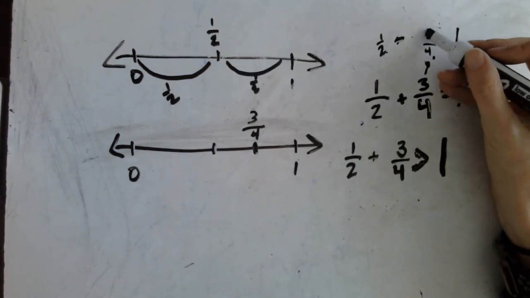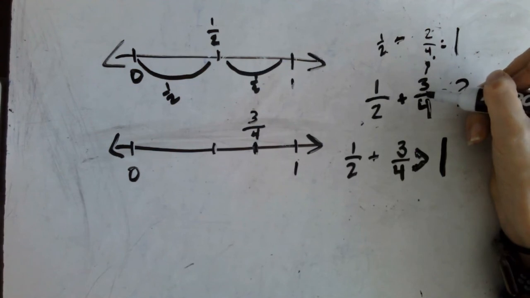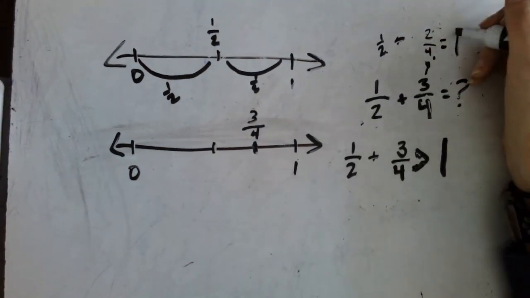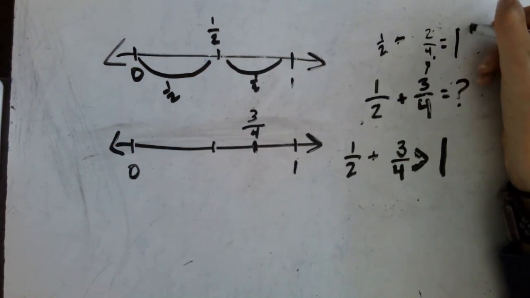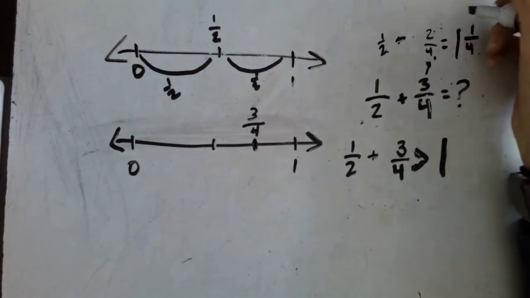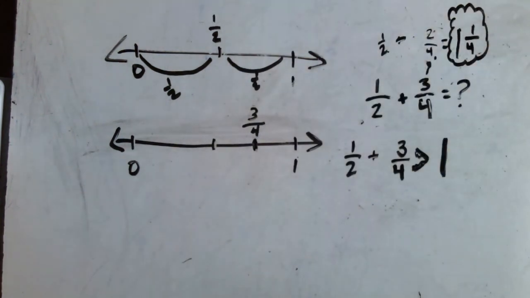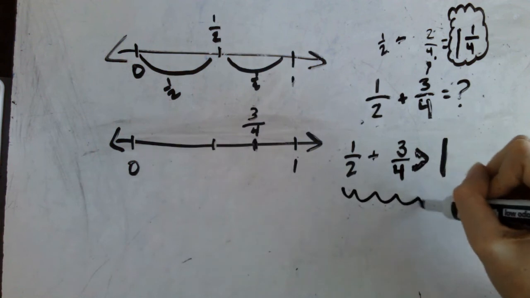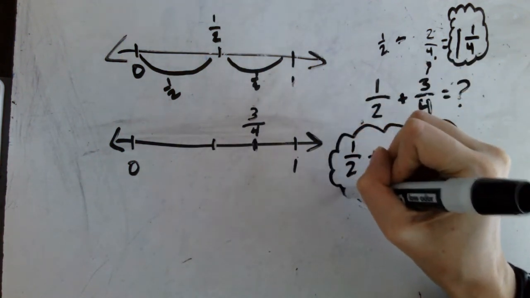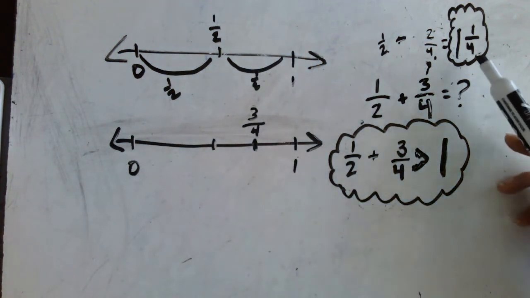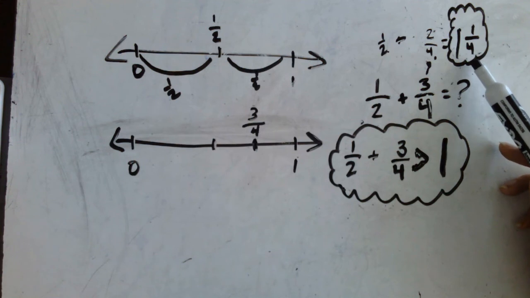We only took 2 out of that. So what's 3 minus 2? 1. Good. So we have 1 left over of our fourths. So if we were to actually solve this problem, we would get 1 and 1/4. So our estimate here, where we write, give a thumbs up or thumbs down. Yeah, we were right. Our answer ended up being over the total of 1.